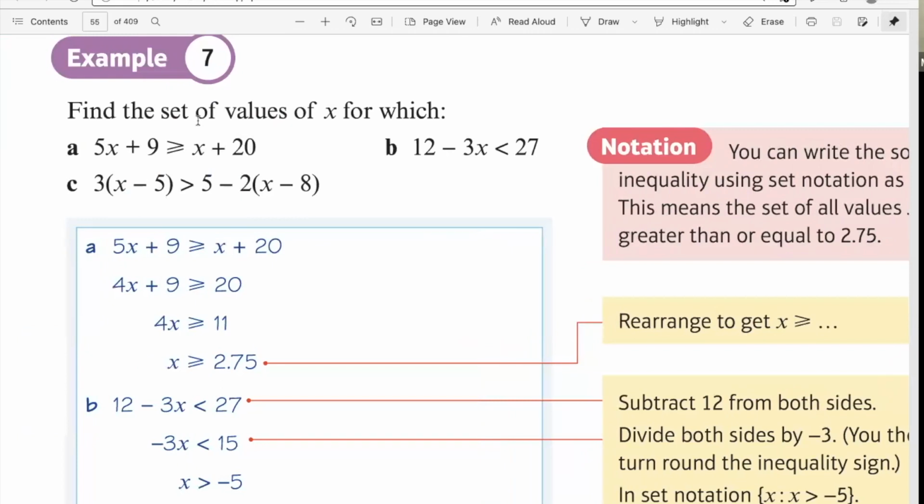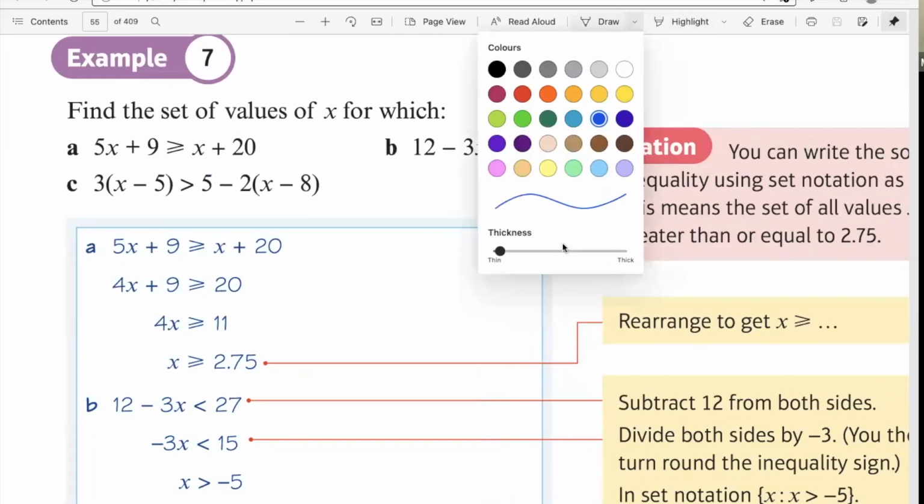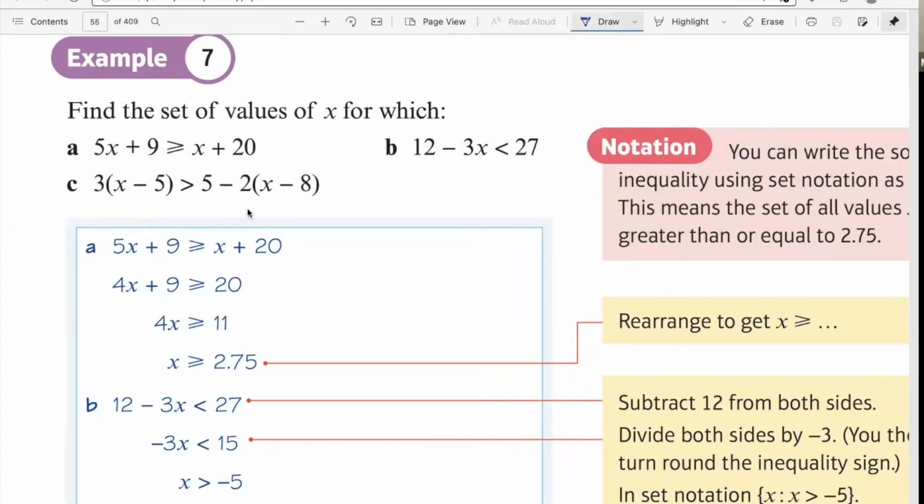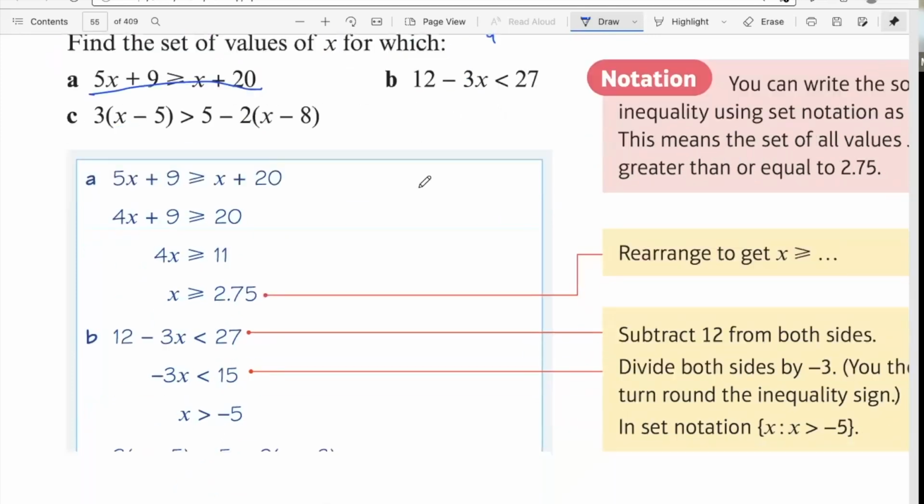Do you remember these inequalities? These are from IGCSE. Let's solve one of these as well. So we take x on one side, 5x minus x is greater than or equal to 20 minus 9. So this is 4x greater than or equal to 11. x is greater than or equal to 11 by 4.